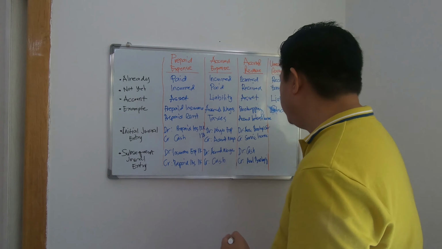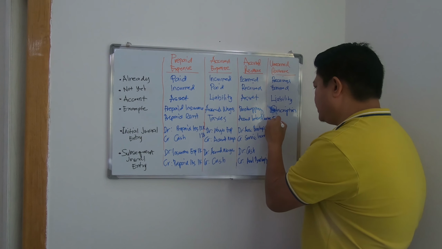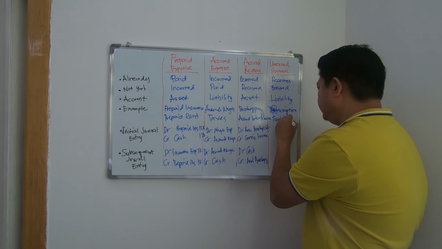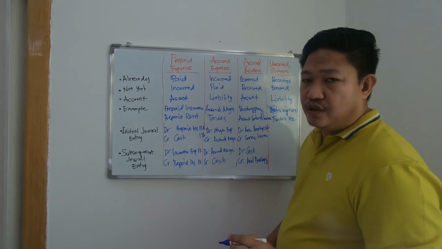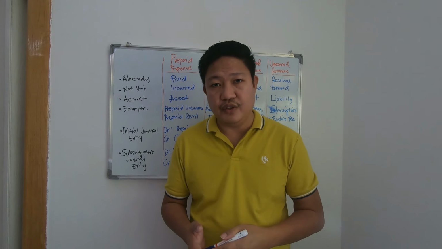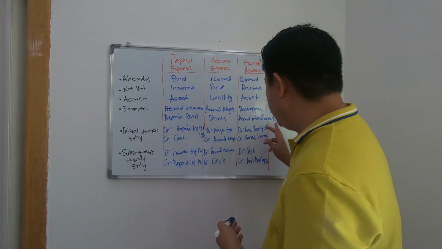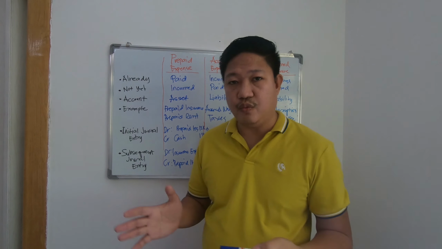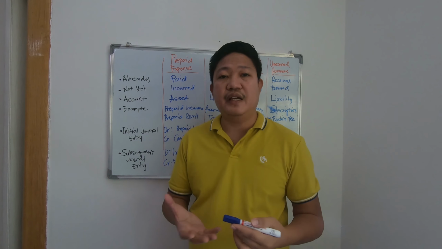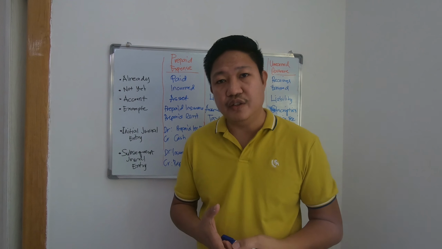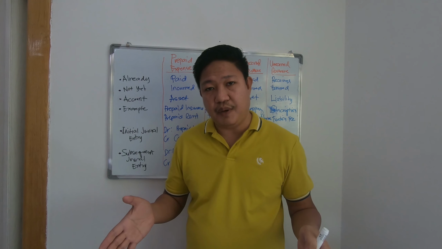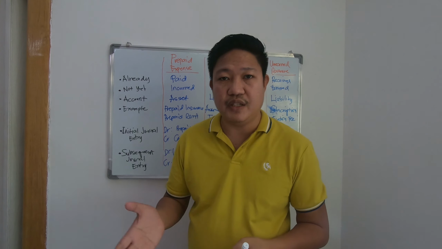If you're a school, you have tuition fees. You receive payments from your students, for example, good for 6 months or one semester. They give you payment at the beginning of the school year, but it should be applied over the 6 months or the one semester.